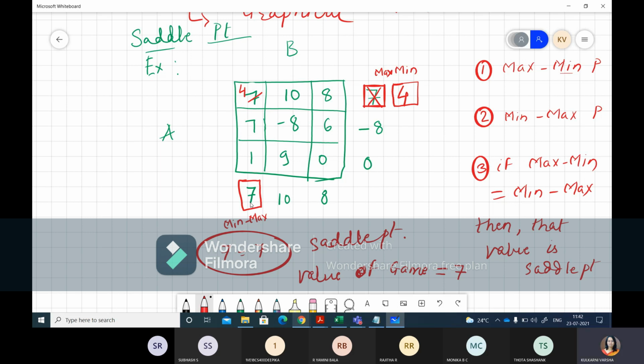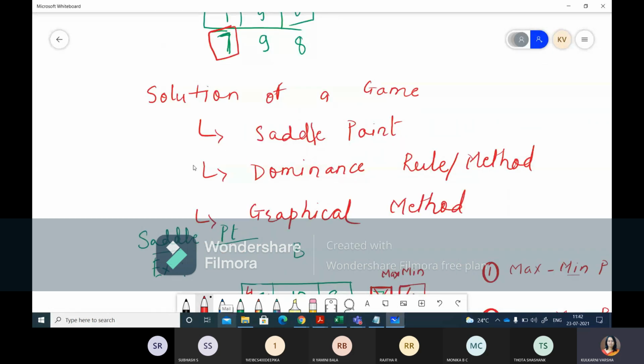Are you getting my point? We are finding the solution for the game, and to find it we have 3 methods: saddle point, dominance method and graphical method. If your game has a saddle point, that is the value of the game, that is the solution of the game. But if your game does not have a saddle point, then you have to go for the next method, that is the dominance method.